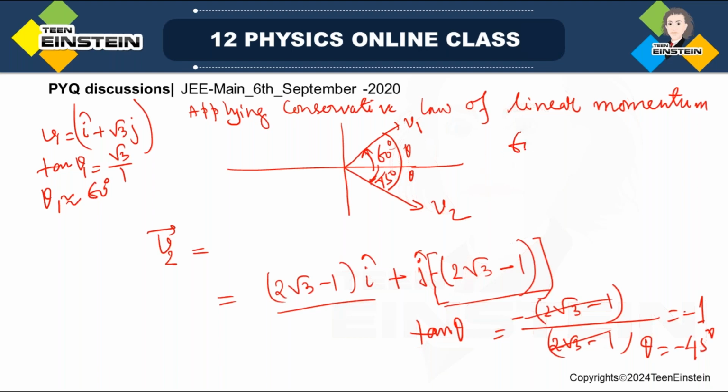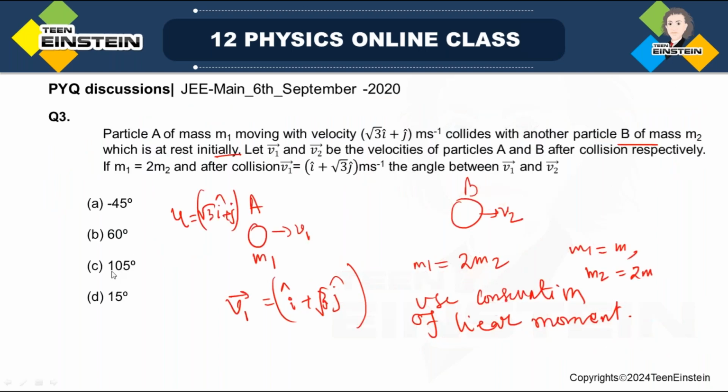Okay, 60 degree plus 45 degree. So 105 degree angle between them. This is the answer.